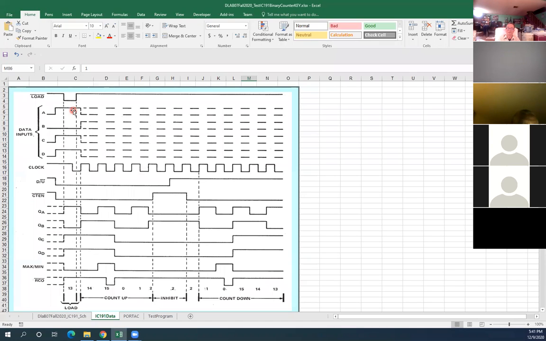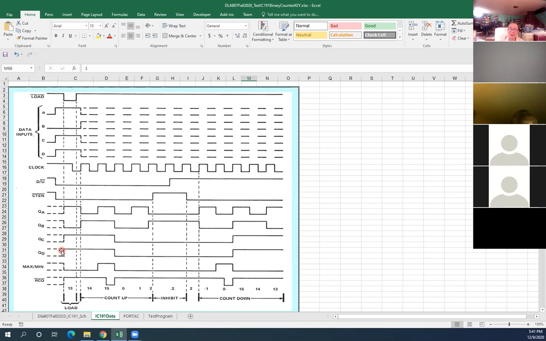No, no, no, 13. 1101 is number 13. That's D, number 13. Okay, so when you are loading, you see that QA will be 1, 0, 1, 1.